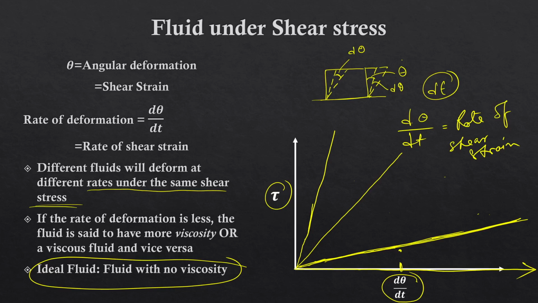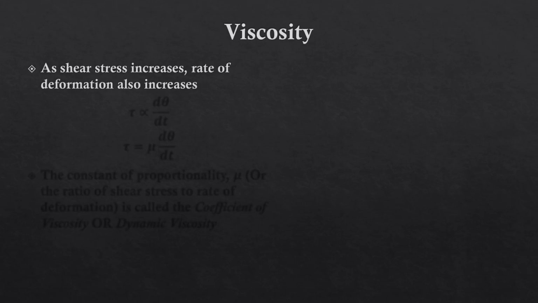Now, let's discuss this viscosity in detail. As we have seen, as shear stress increases, rate of deformation also increases. That means tau, which is the shear stress, is directly proportional to d theta by dt, which is the rate of deformation. Now the next stage in this kind of a relationship is to introduce a constant of proportionality.